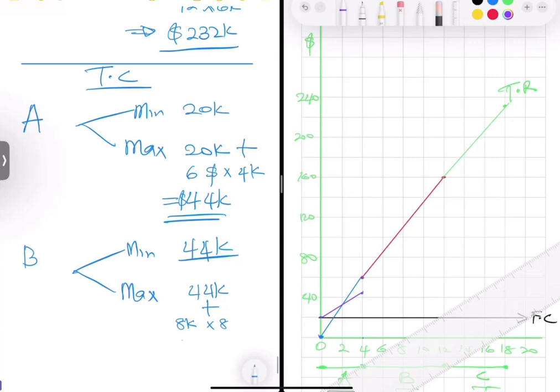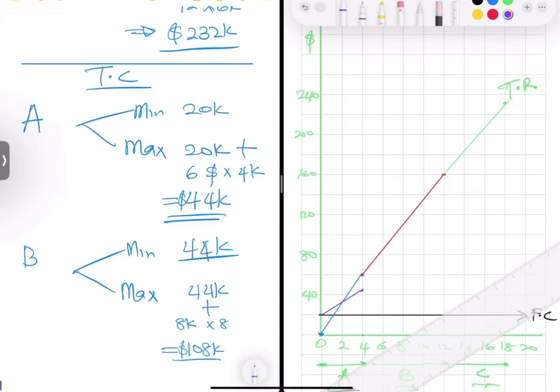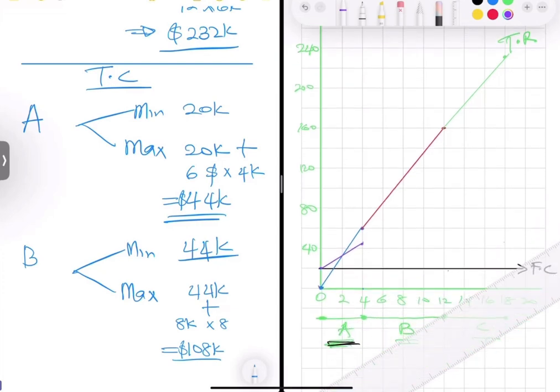And that will give us 108. So we'll have 108 at the max of B, which will be 12. That's 0.12 because at 0.12 we would have sold additional 8,000 units on top of the 4,000 that we sold for A. So that will go to 108.